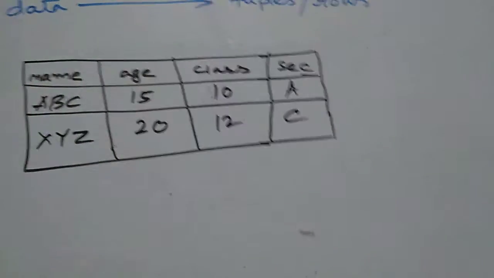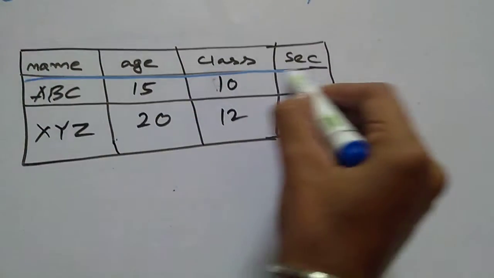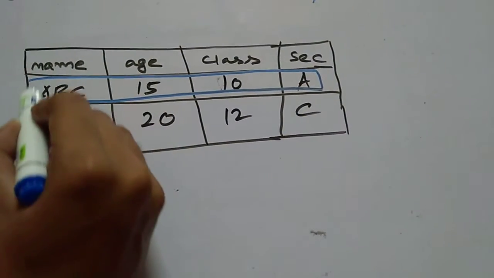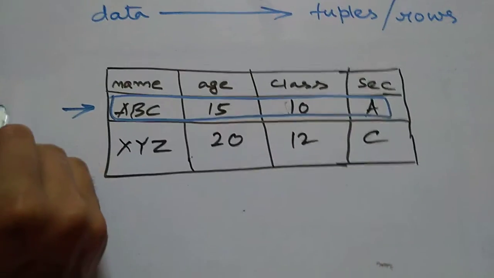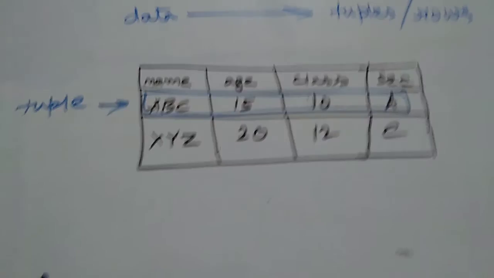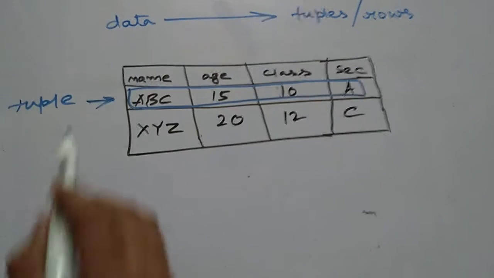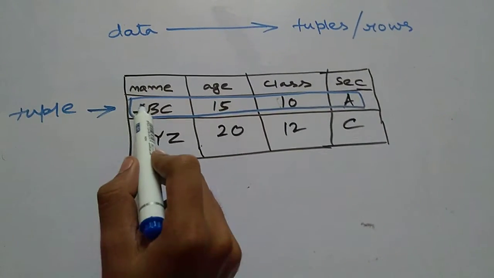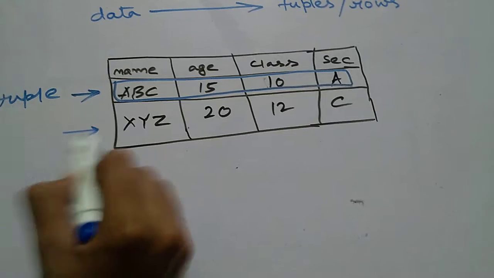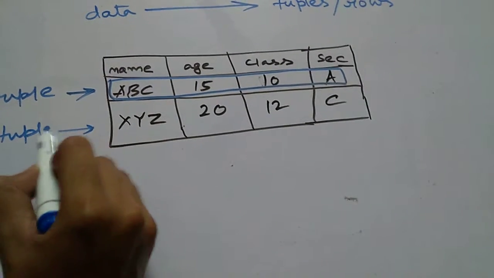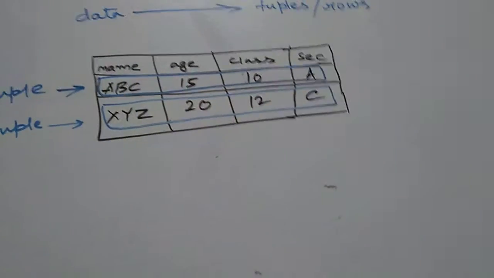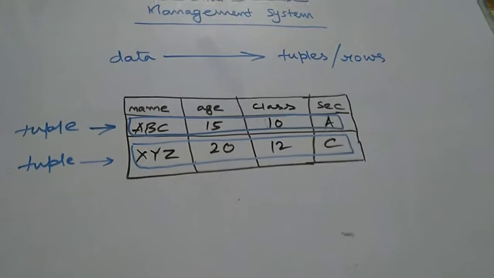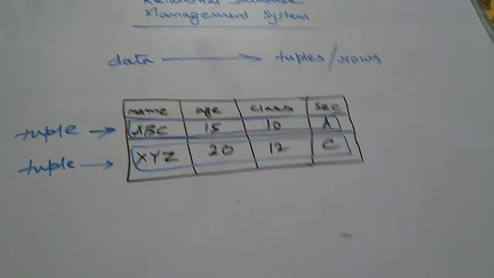Now, this total record of a particular student is known as a tuple. So this is the tuple for student named ABC. This is the tuple for student named XYZ. So these individual rows are known as tuples in database management system.